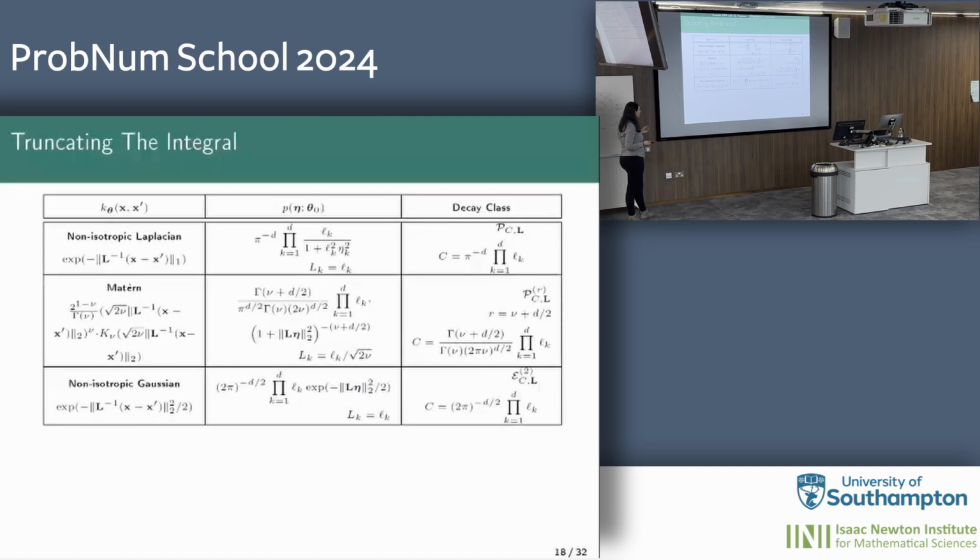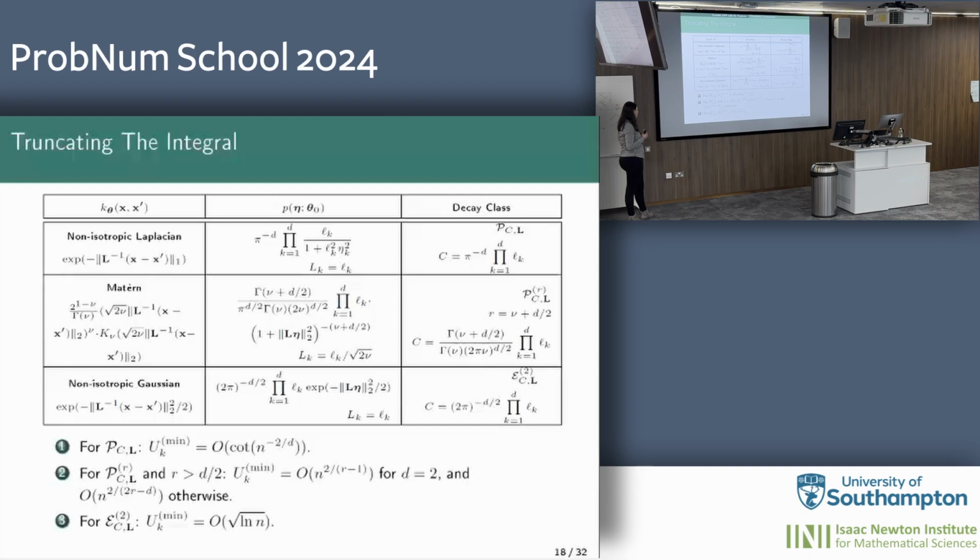When we do this analysis, you can see that indeed for the Gaussian kernel, the third one here, we obtain the smallest truncation parameter. This is again because this is the strongest decay you have. So there is a really strong connection between how smooth your function is and how small your truncation is.